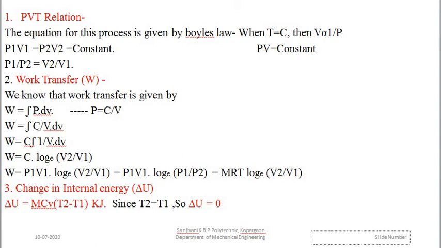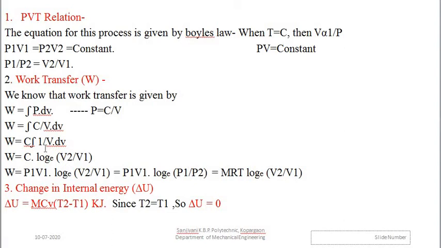C is the constant term, so taking the C term outside the integration sign, we have the integration of 1 upon V with respect to dV. Therefore, what is the solution for this integration? The integration of 1 upon V with respect to dV gives log to the base e of V. Now here we put the limits because volume is changing.